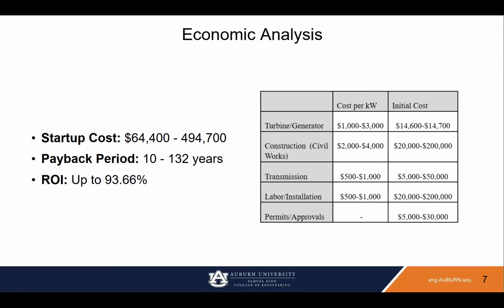This variability also leads to differences in your ROI, where your ROI on a low end estimate could come back at 93.66%. Or if you had a super high initial cost, you actually come back at losing 84.78% on your ROI.